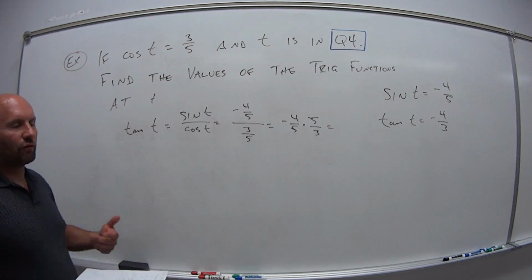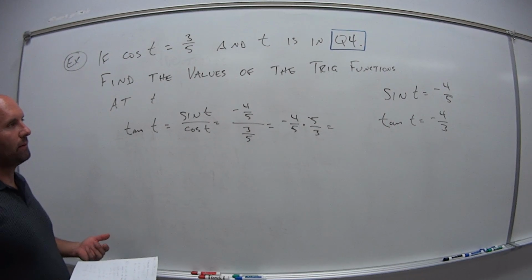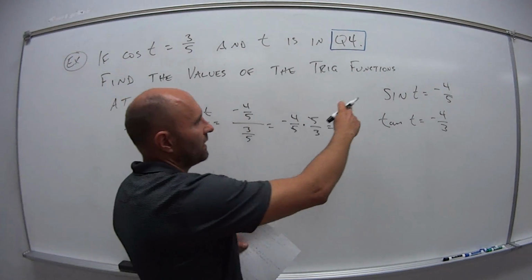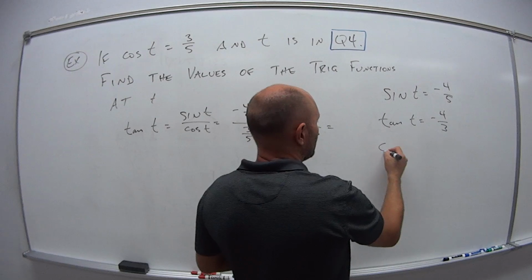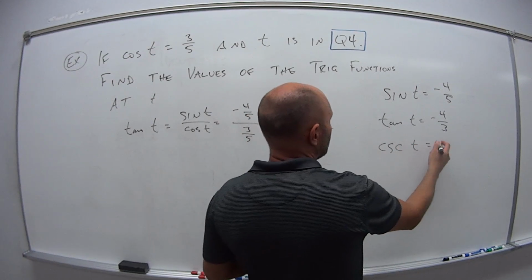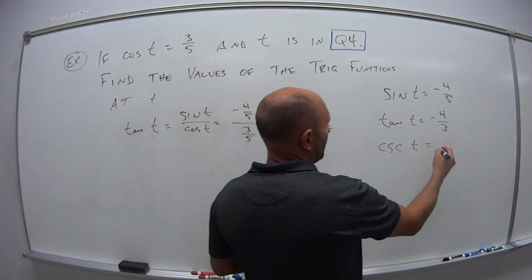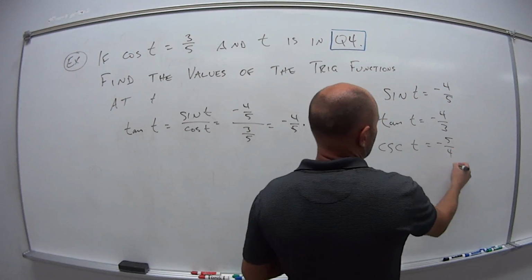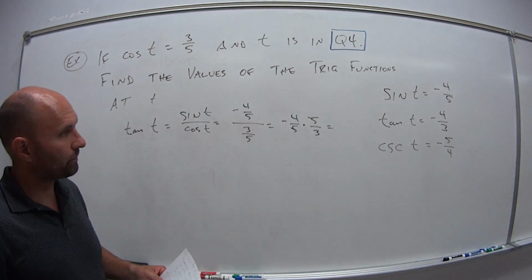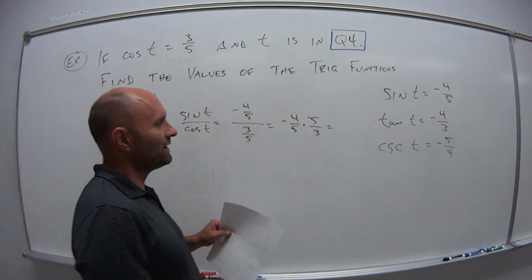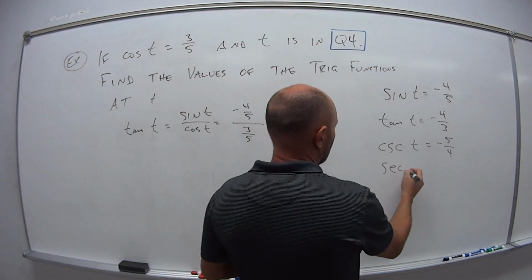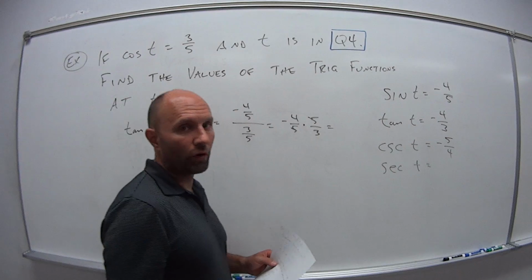We can now use our reciprocal property. If sine of t is minus 4/5, then cosecant of t is what we get if we just flip that value, so minus 5/4. Secant of t is just 1 over cosine.